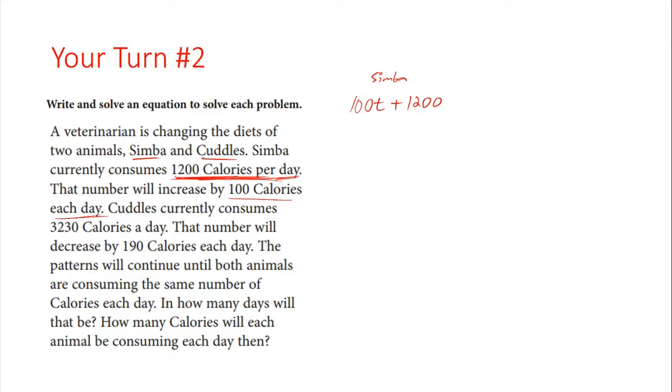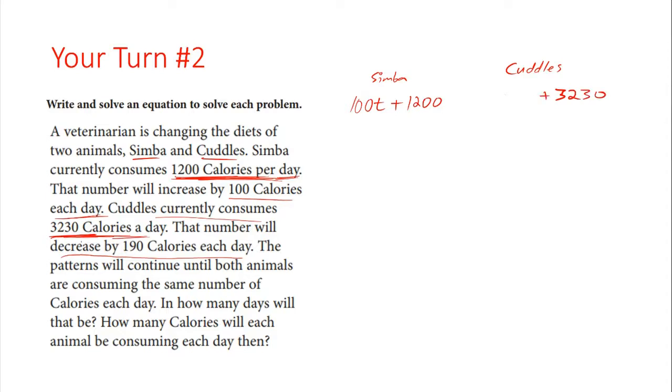You guys, on the other hand, have to figure out Cuddles. That number will decrease by 190 calories. Cuddles currently consumes 30 calories a day, that's a 3, a very terrible, sloppy 3, 30 calories.